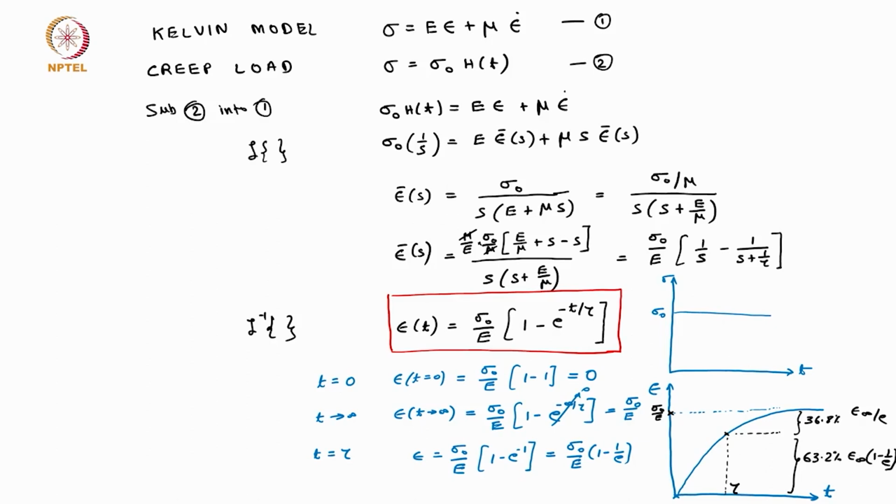So, what we have seen in this slide is we started with a Kelvin model, and when we applied the creep load, we got this as the strain response. Looking at the pictorial representation of this equation, we notice that the instantaneous strain response is 0, and if we wait for long times, it reaches a constant value. Now, we will look at a few other loading conditions where we cannot directly solve this equation, or even if you attempt to solve, the solutions become very tedious.